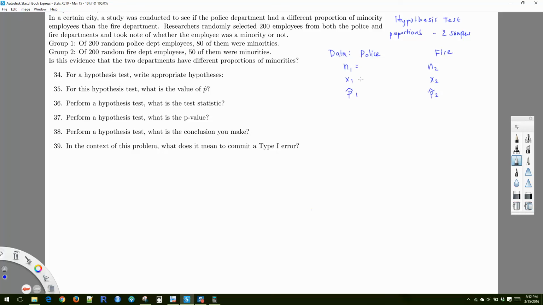How many people selected from the police department? 200 at random. 80 were minorities, so we're going to do 80 over 200. We get 0.4. At the fire department, 200 people randomly selected. 50 were minorities, so we're going to do 50 divided by 200. 0.25.